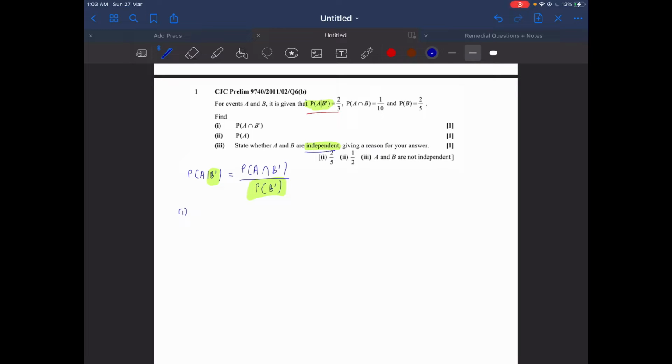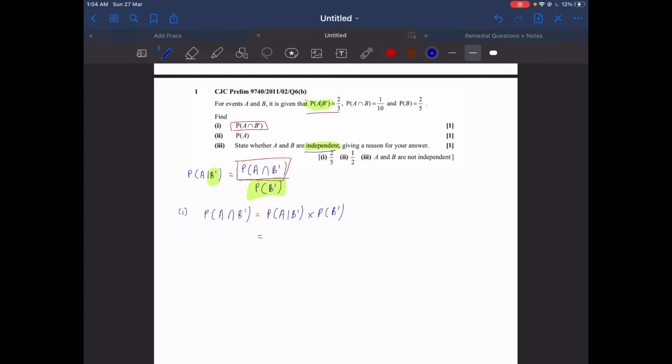So you see, I'm trying to find this, and this is common here. So in order to find the probability of A intersecting B prime, I would use the probability of A given that B prime has occurred times the probability of B prime.